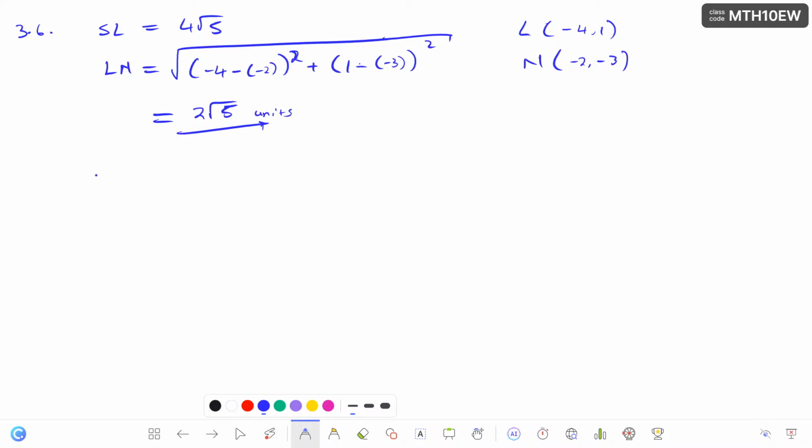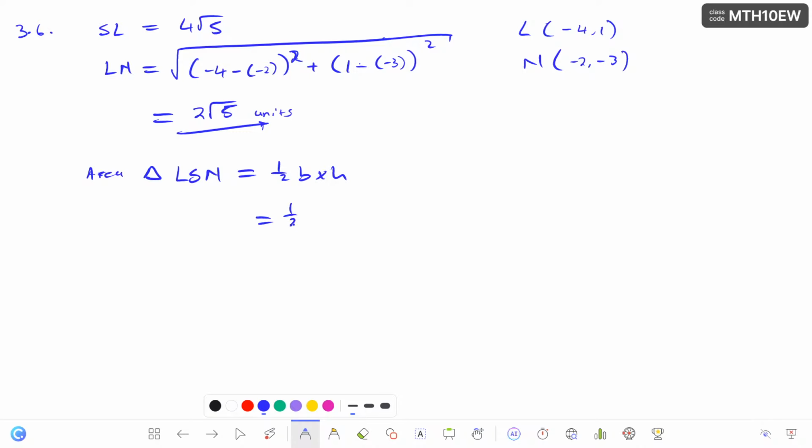So now I can simply say the area of triangle LNS is equal to 1/2 breadth times height.